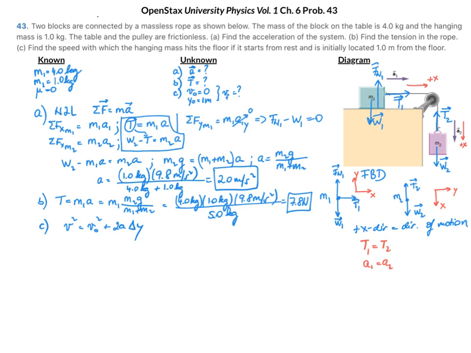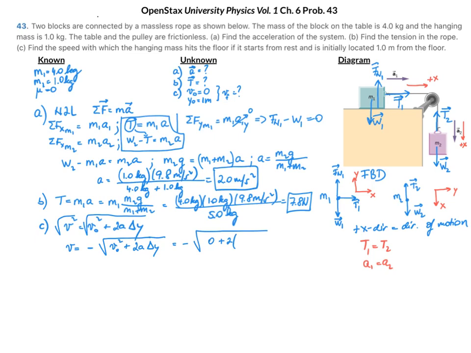So when I take the square root of both sides here, I end up with v being negative square root of v naught squared plus 2a delta y. Again, it's negative because it's down, and this is how we solved problems with kinematics. So that will be negative square root of 0 meters per second squared plus 2 times.